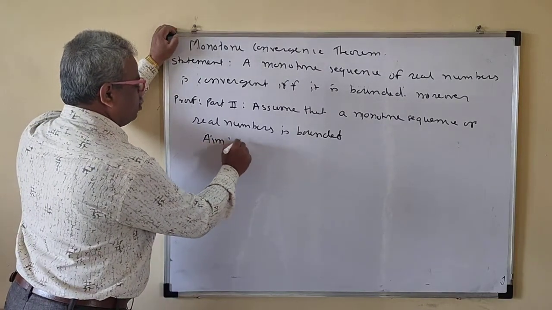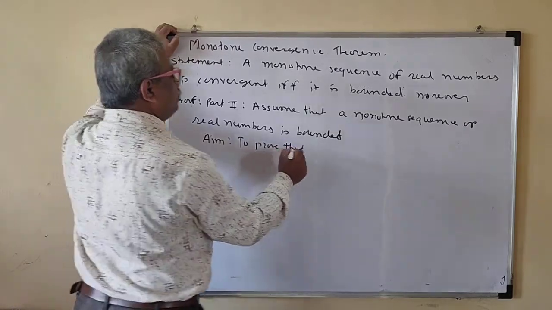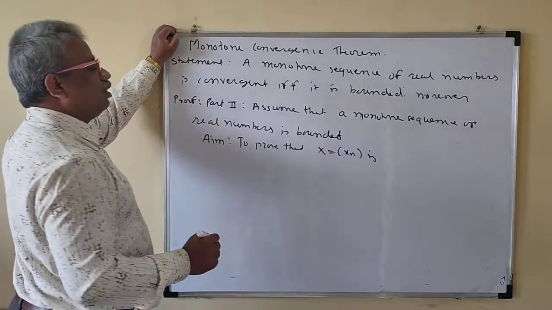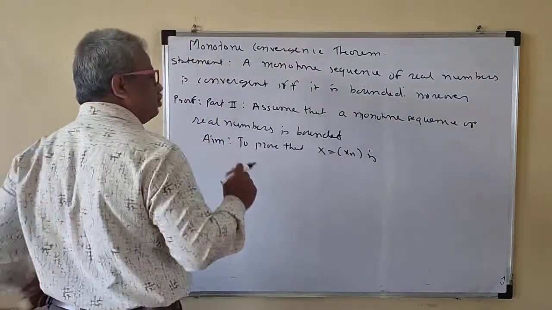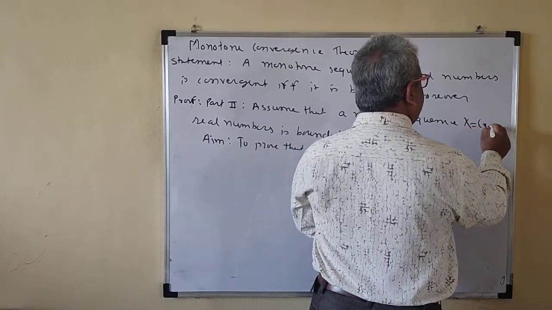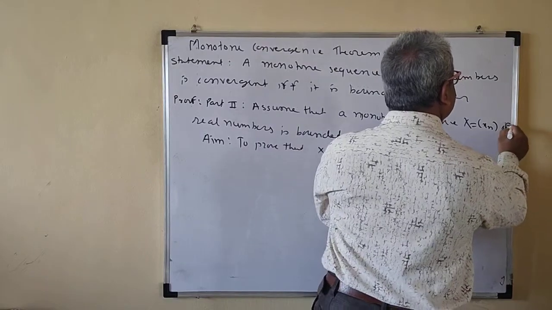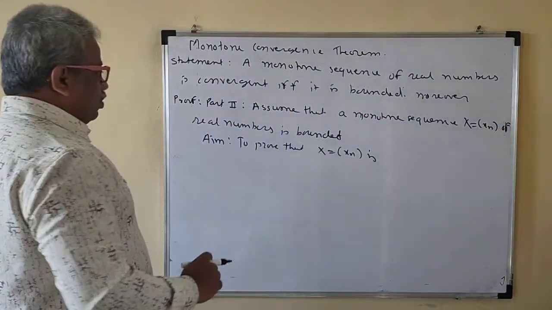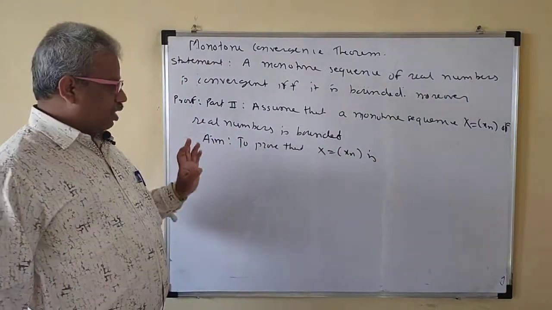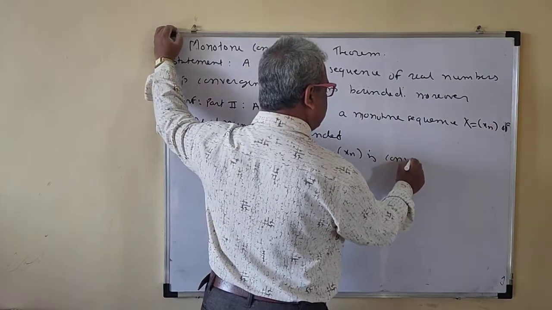Our aim is to prove that x equal to (xn) is convergent.